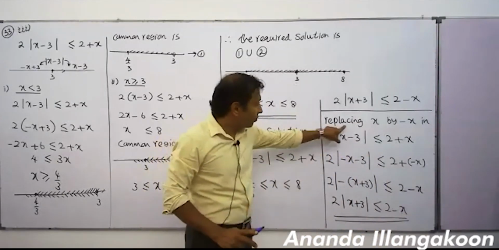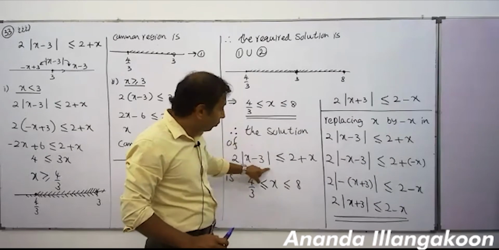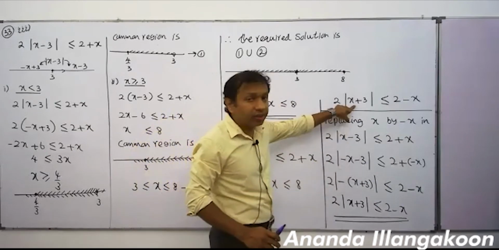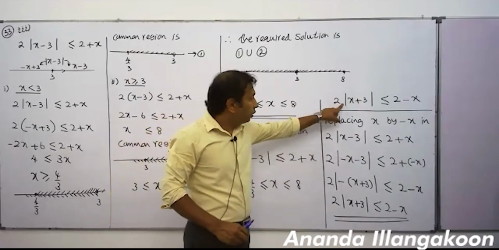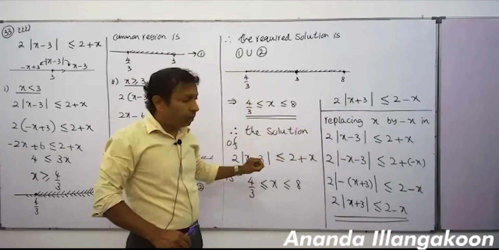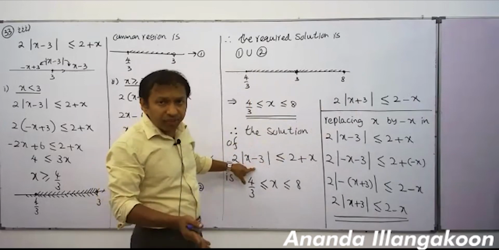With the substitution of x by minus x, we could obtain this. That means the next one gives us this, which we get by replacing x with minus x.